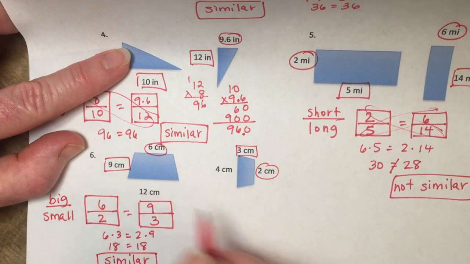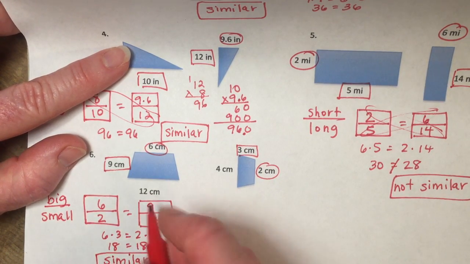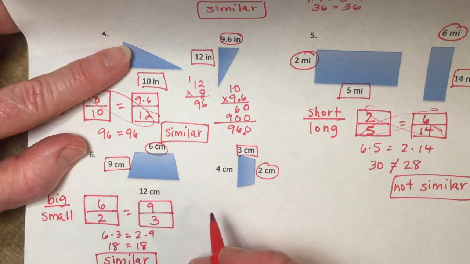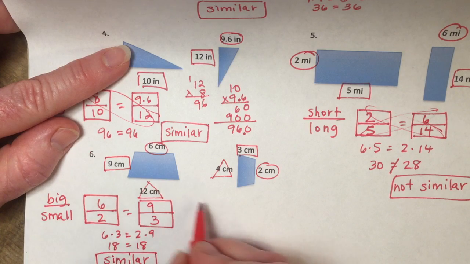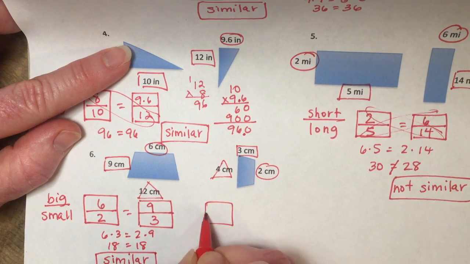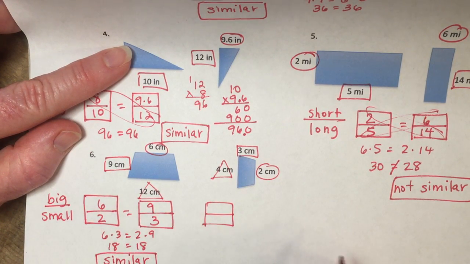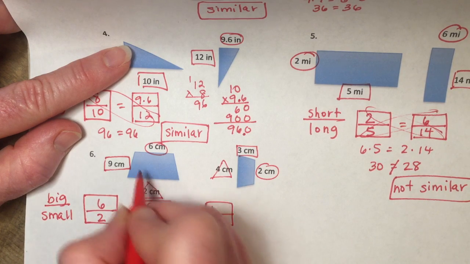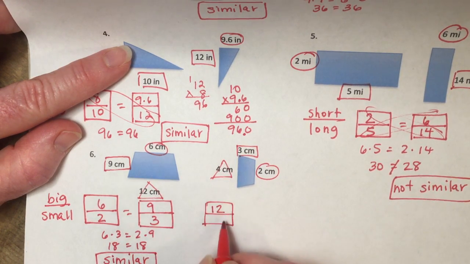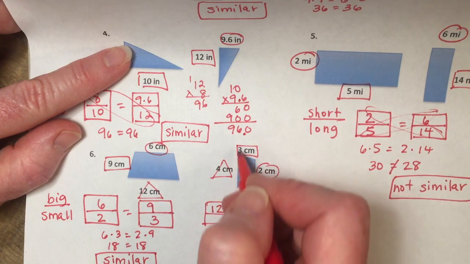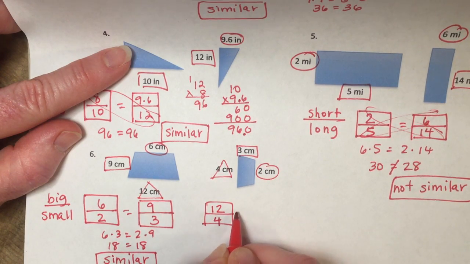But since they gave me this extra side, just to double check, I'm going to do it again, and this time I'm going to use these two. On the big trapezoid, the bottom side is 12. I'm sorry, these are not triangles, these are trapezoids. When I rotate it, the longer side there is 4.